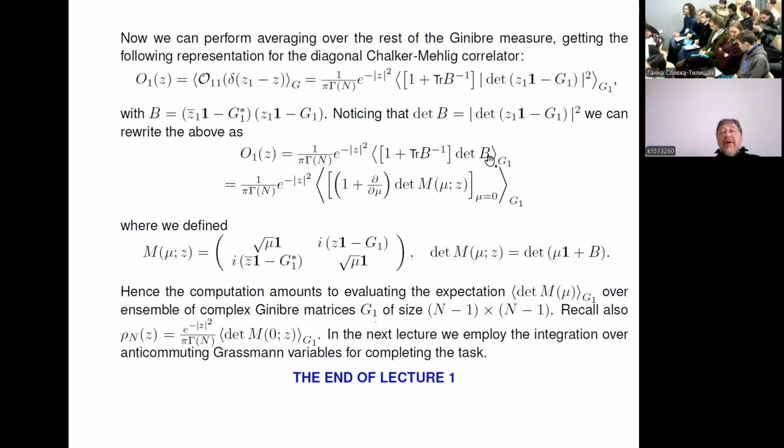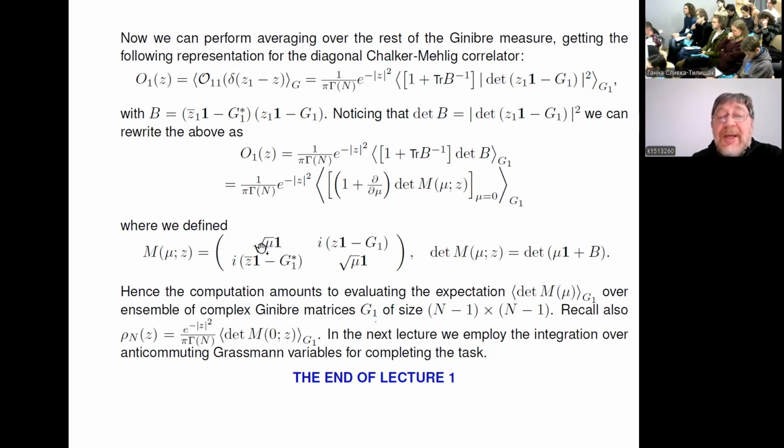And then the trick is to notice that if one introduces an auxiliary matrix of the following form, a block matrix of size 2n by 2n, and we evaluate its determinant using the standard method for determinants of matrices decomposed into blocks, we just introduce an auxiliary positive parameter mu.